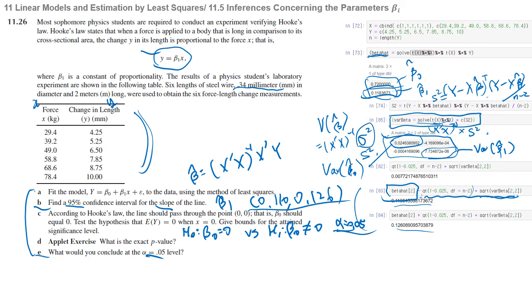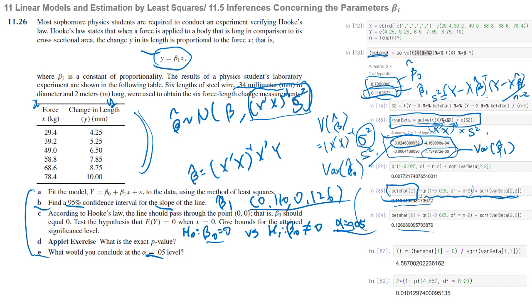To test beta 0, let's calculate. Actually, we already have all the numbers related to beta 0, because here we have the distribution for beta hat, which is normal with mean beta and variance x transpose x inverse sigma squared, actually S squared. This is our estimate for beta hat, so we can construct a test.